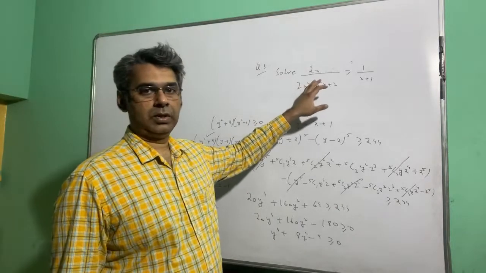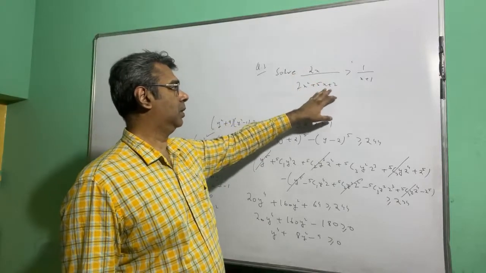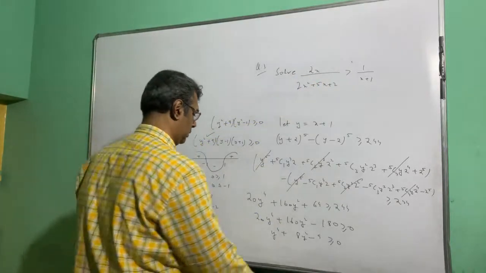Okay, so this is the question, all of you. Solve 2x by (2x square plus 5x plus 2) greater than 1 by (x plus 1).